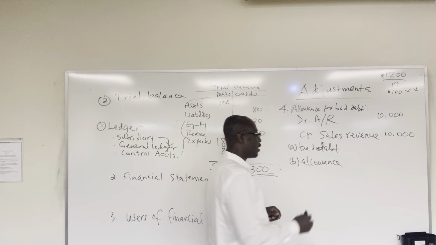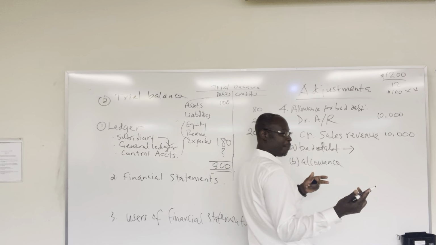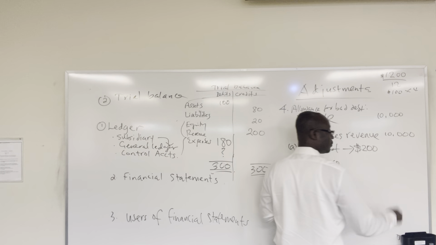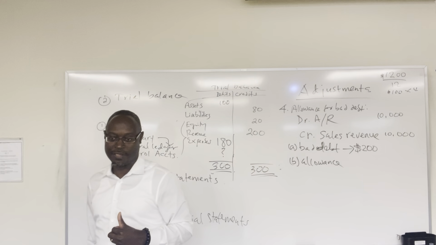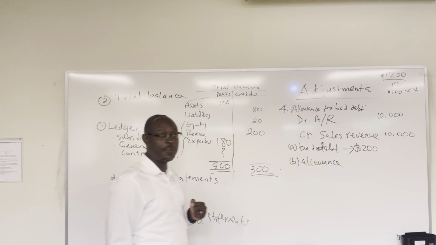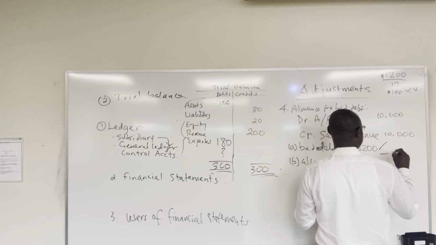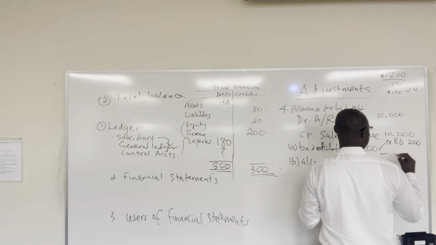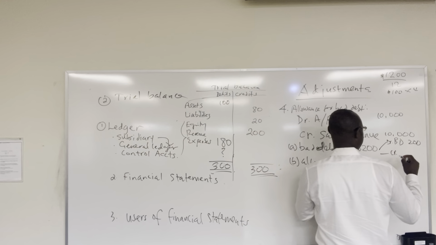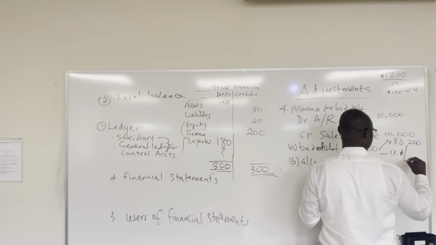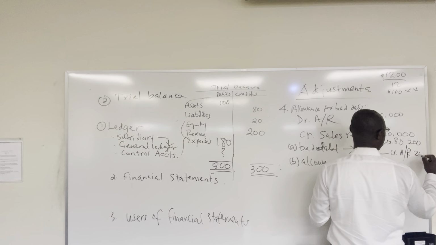Typically, you know that this other company that owes us $200 will not pay. We know that for a fact. That's what we call bad debt expense. If you know that, you debit bad debt 200, and you credit allowance, or if you like accounts receivable, to reduce the receivable, 200.